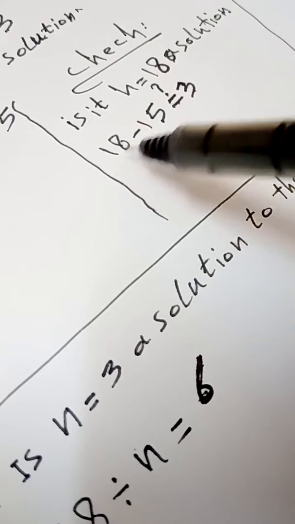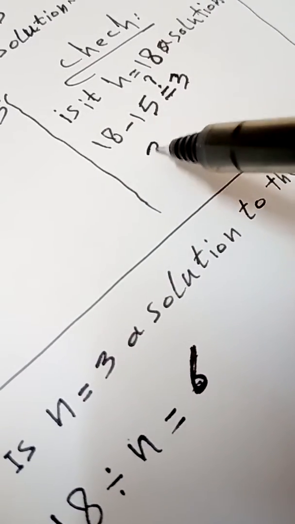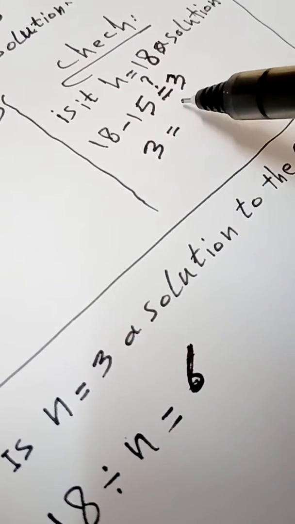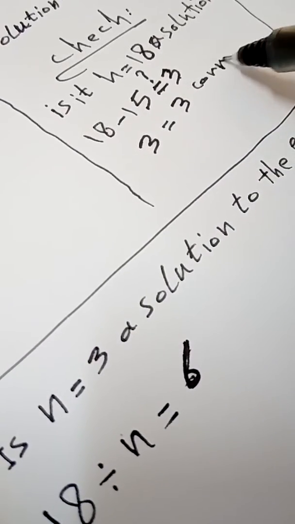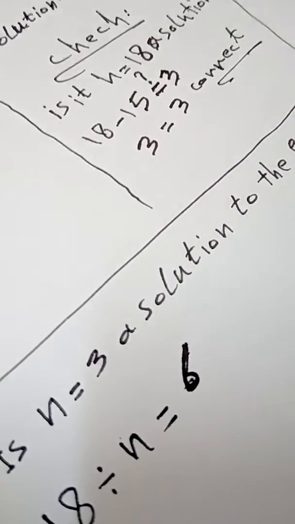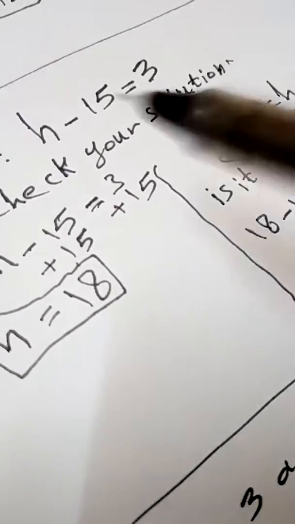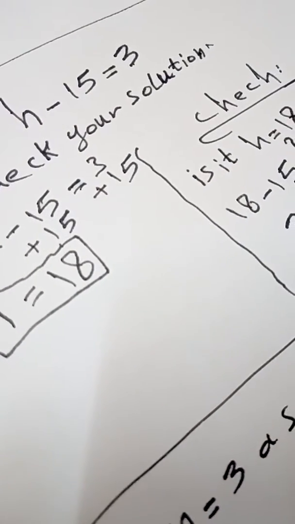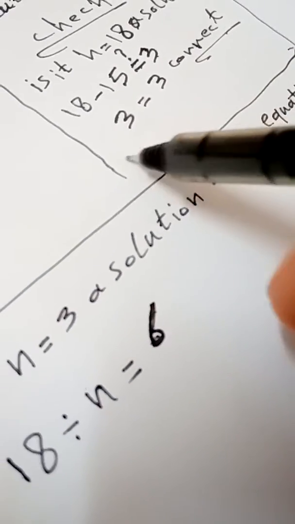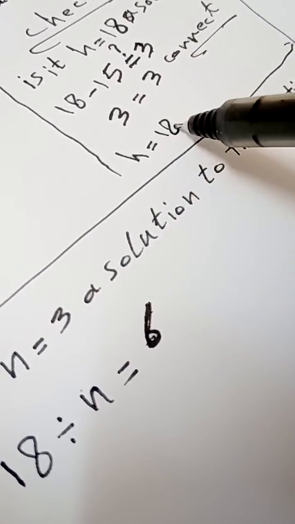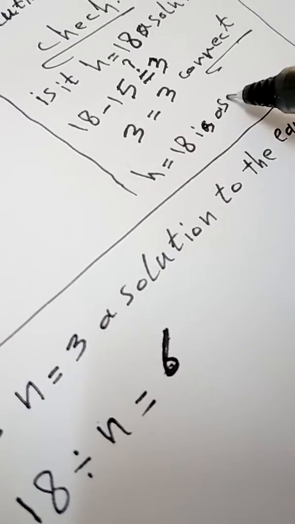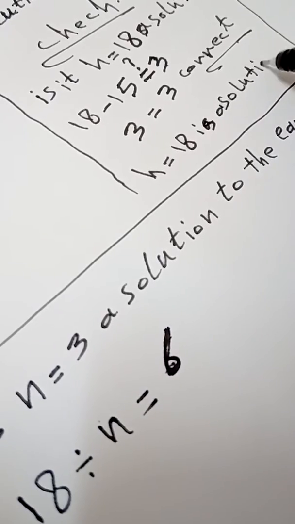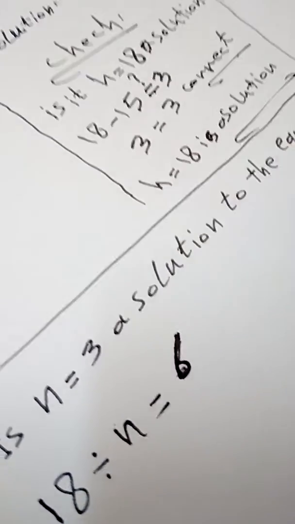Now 18 minus 15 will be 3. So 3 equals 3. This is correct. That means the equation is true because the first side equals the second side. So h equals 18 is a solution for this equation.